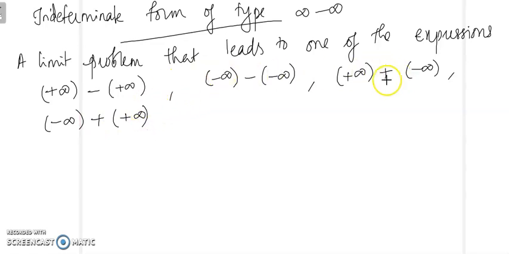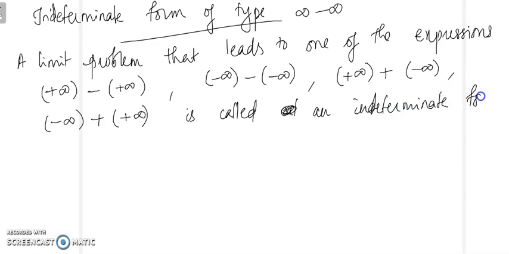So only these 4 types of expressions are called an indeterminate form of type infinity minus infinity.